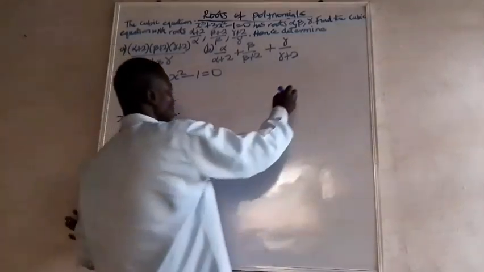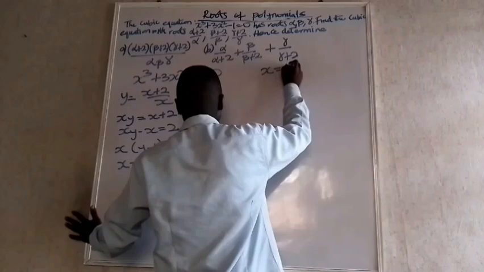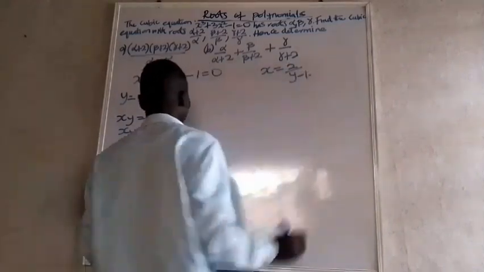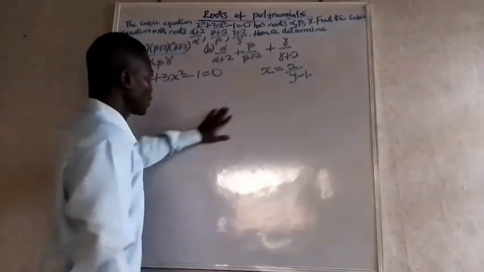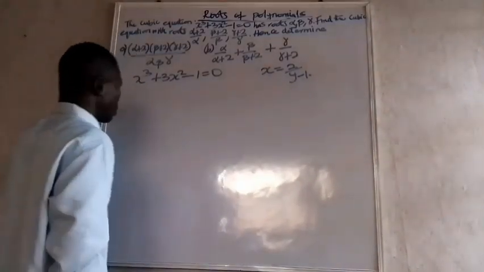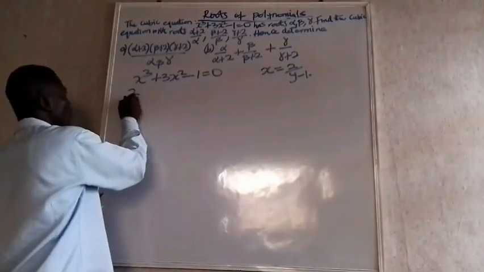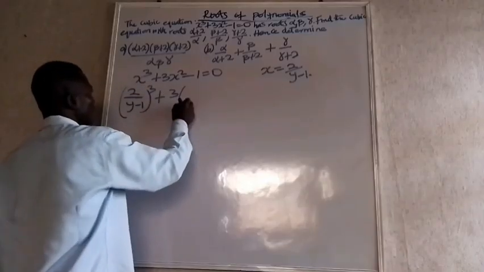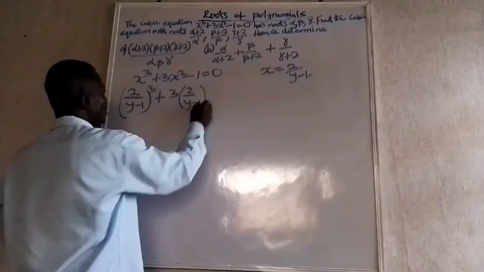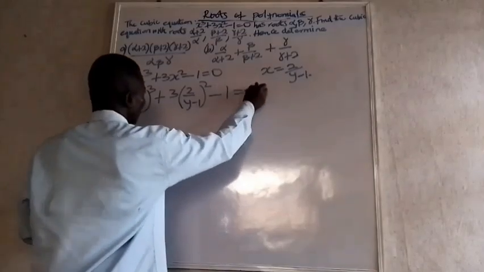So let's put this in. x equals 2 over y minus 1. Now from there, you have to substitute 2 over y minus 1 for x in this equation. So let's do it. 2 over y minus 1 cubed plus 3 into 2 over y minus 1 squared minus 1 equals 0.